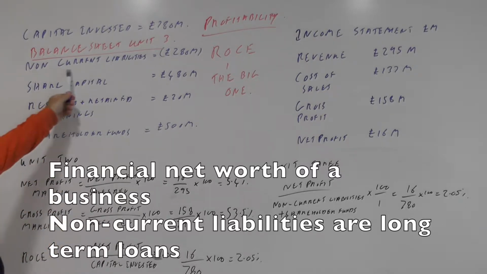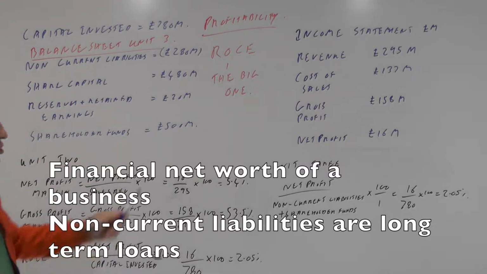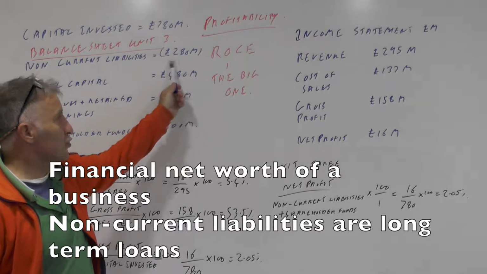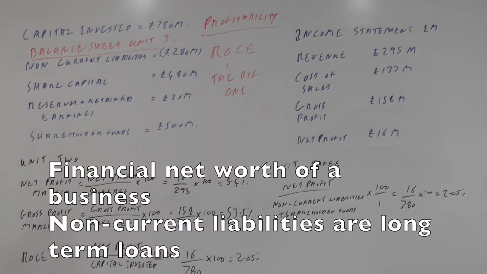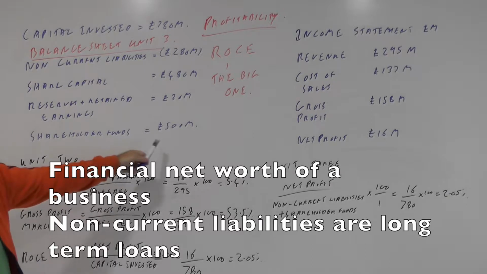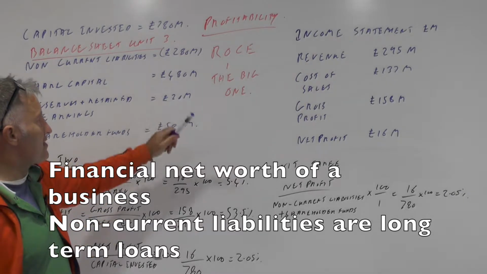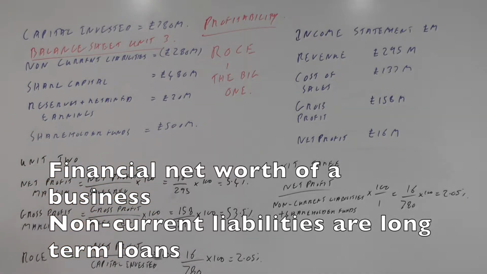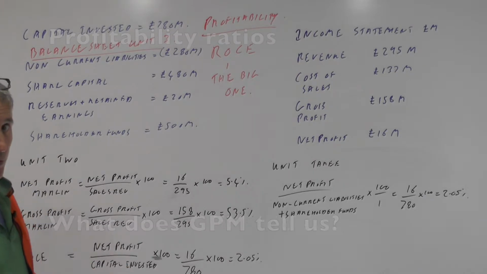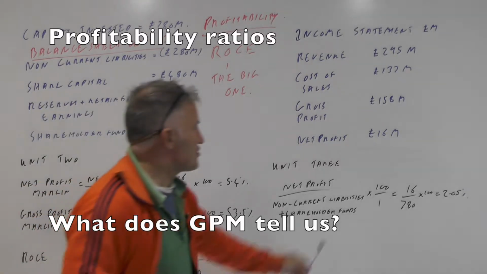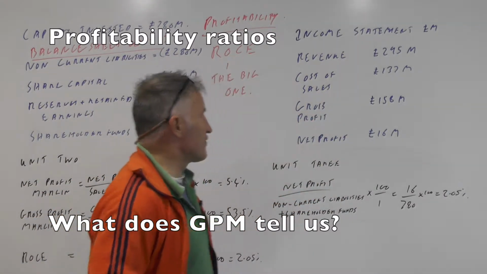And non-current liabilities means that this company has got 280 million pounds worth of loans, and the shareholder funds come to 500 million pounds. So if I add those two together, really 780 million pounds has been invested into that business, and then we can get a return on capital employed from there.